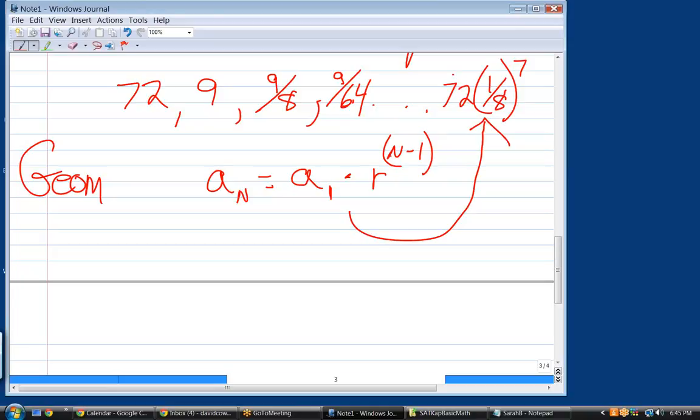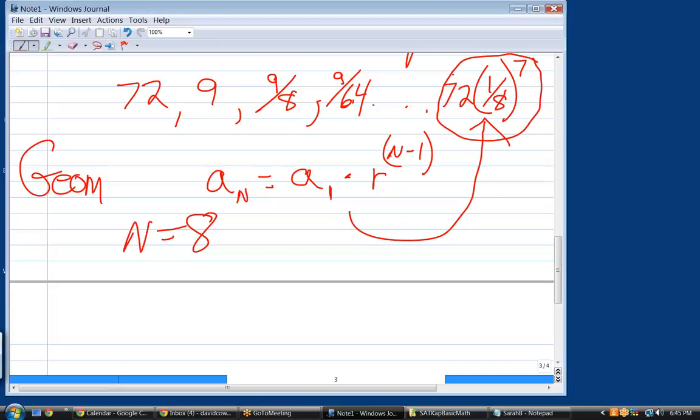Would it be 8? So n equals 8, because they were nice enough to tell us. If they would have actually put a number in there, it would have been much harder to figure out. We could still have done it, but we'd have to use logarithms to solve it.